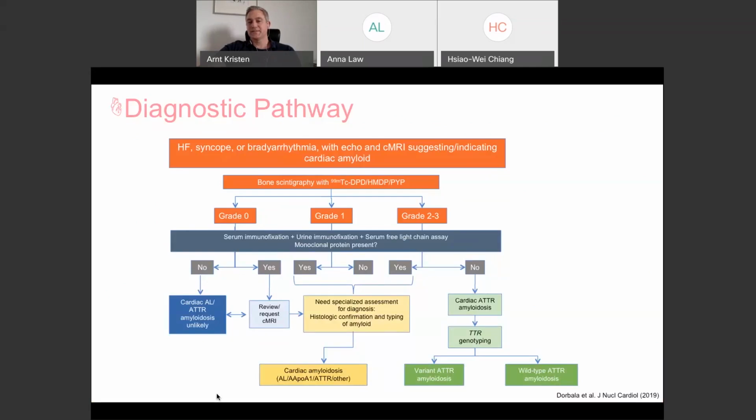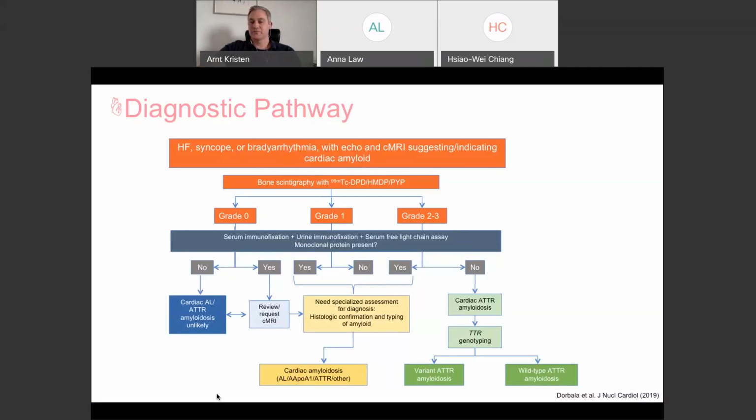And if there is a suspicion of cardiac amyloidosis, this diagnostic pathway includes bone scintigraphy.